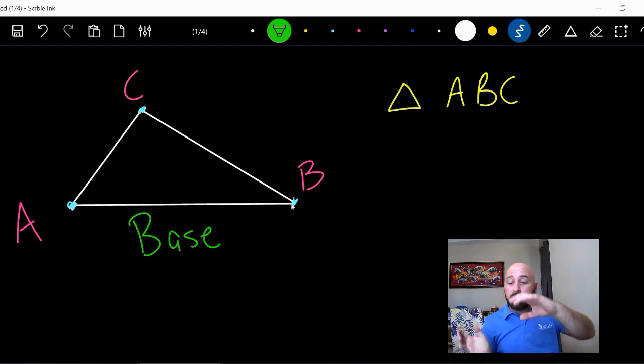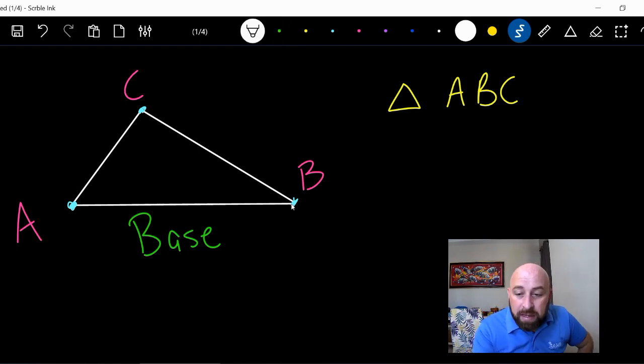Again, we can rotate the triangle, and if we rotate it, we could make BC the base, or we could make AC the base. But in this one that we're looking at, the base is AB. Because that's the base, that makes this right here what's called the vertex of the triangle. C would be the vertex of the triangle.